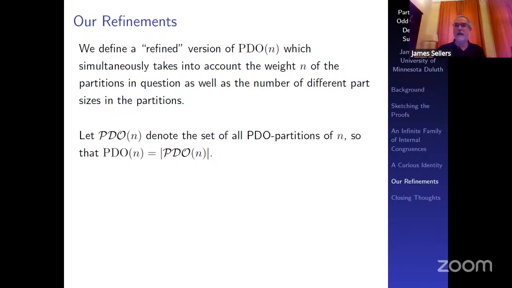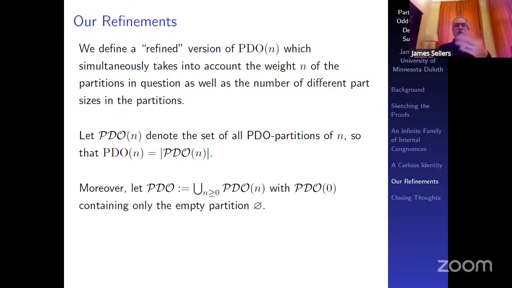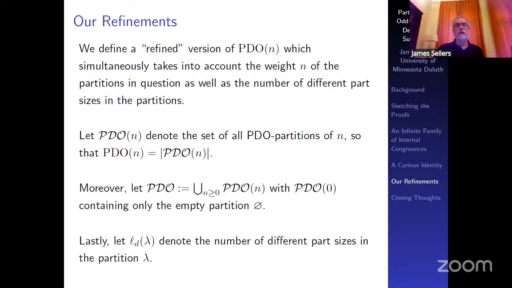That would be the k in essence. There's some notation here. I'm going to just work through it, but let me just point out that little l sub d of a partition lambda is denoting the number of different part sizes in the partition lambda. In essence, it's looking at k from my previous slides.